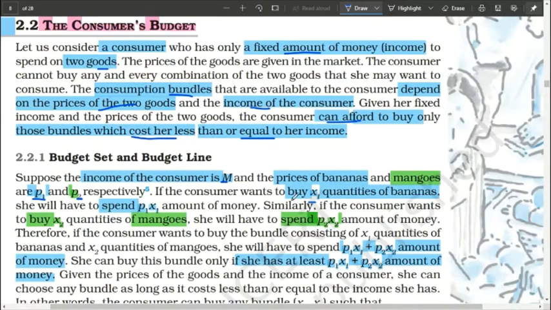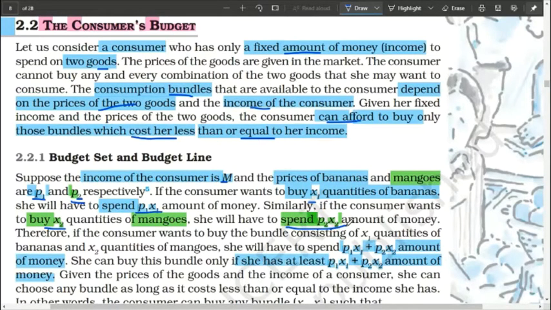X1 can be 1 kg, 2 kgs, whatever the quantity is. Knowing the price, the amount of money he spends on bananas is P1X1. Similarly, if the consumer wants to buy X2 of mangoes, 1 kg, 2 kgs, knowing the price P2 of mangoes, he'll have to spend P2X2 on mangoes.